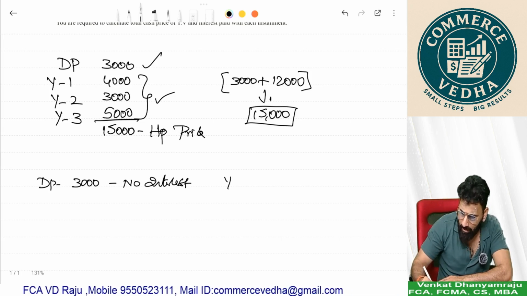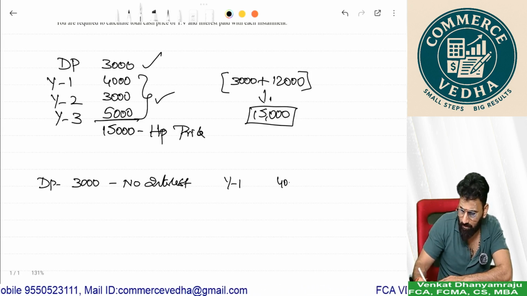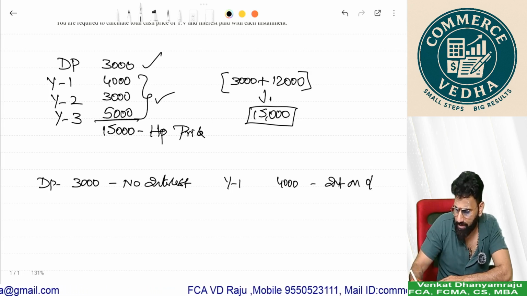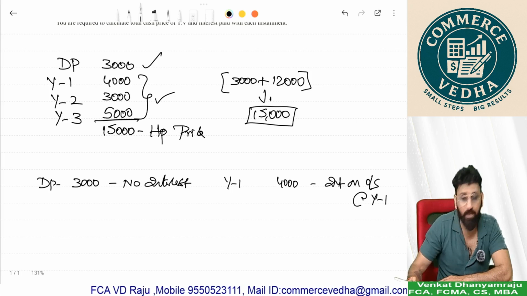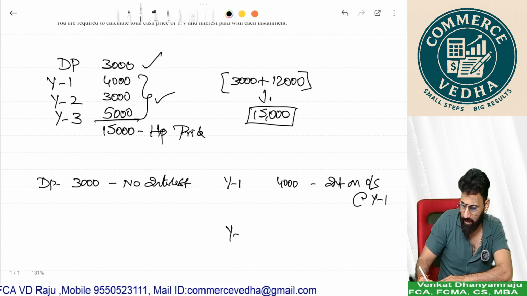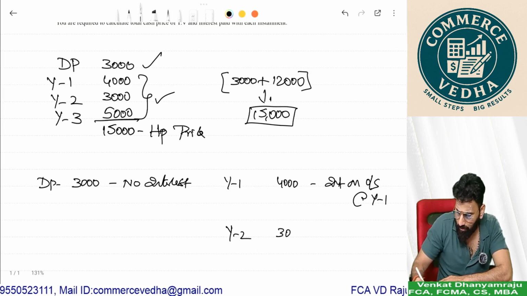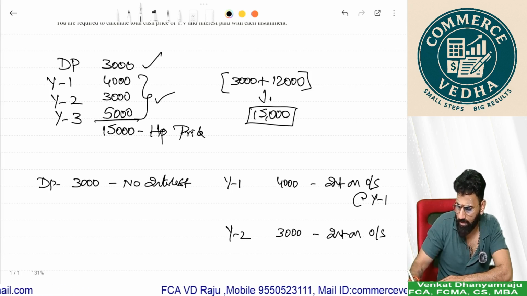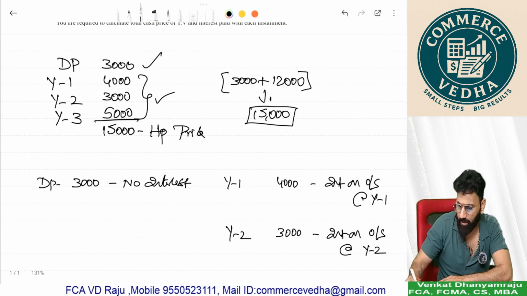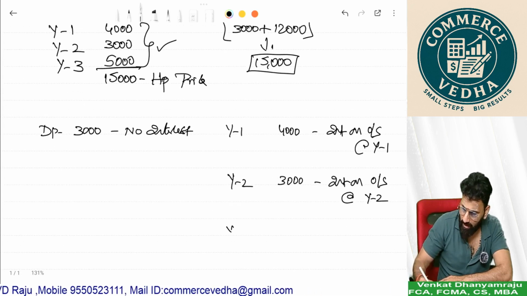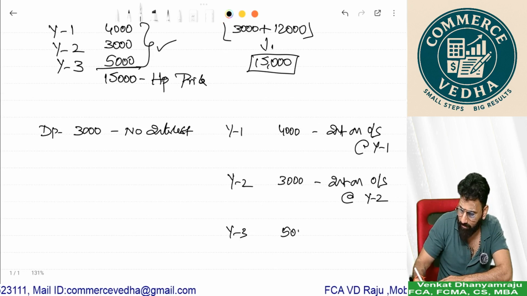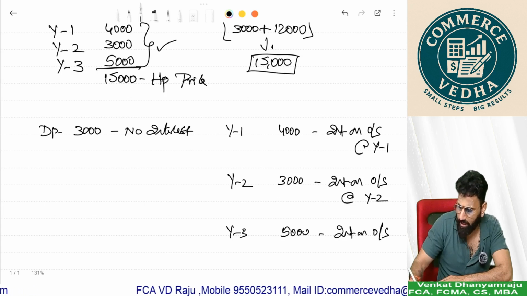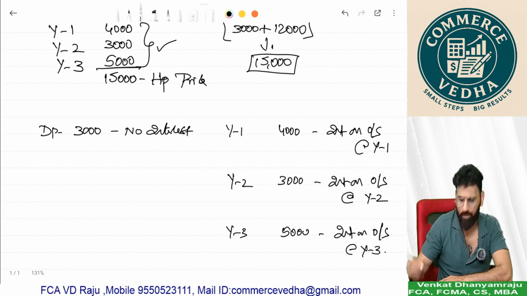But in the year 1 payment of 4,000, you have interest on outstanding at year 1 beginning, and the year 2 payment of 3,000 includes interest on outstanding at the beginning of year 2, and in the year 3 installment of 5,000 you have interest on outstanding at the beginning of year 3.